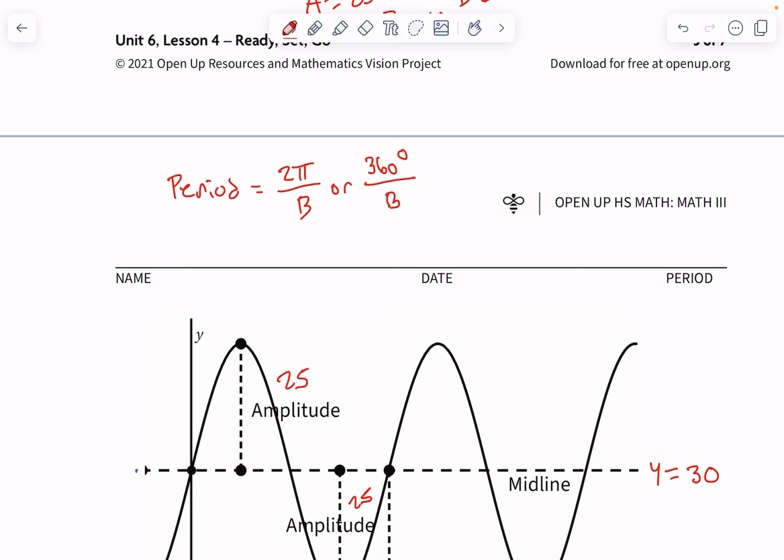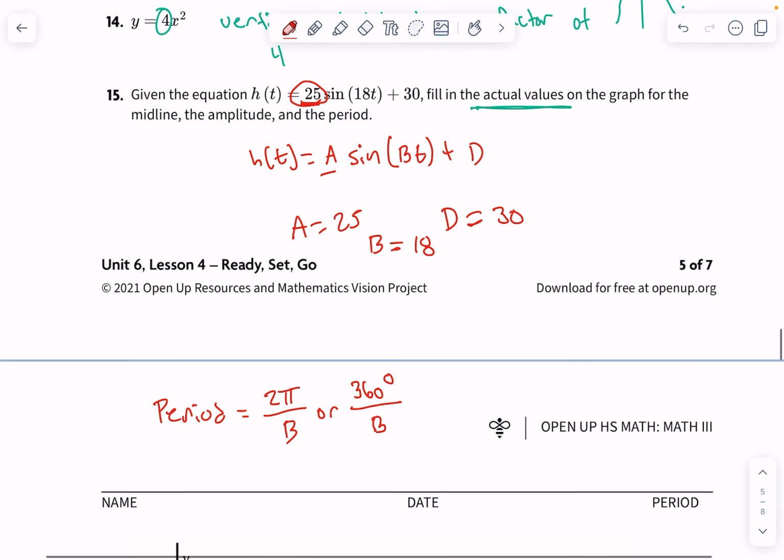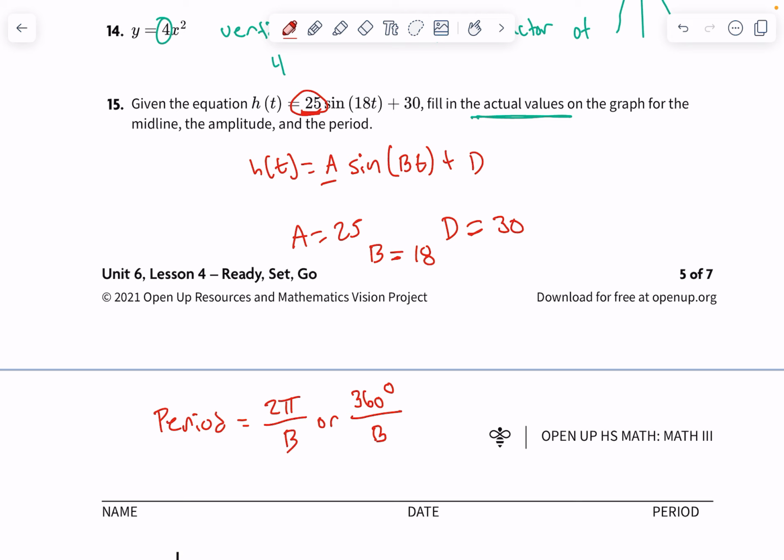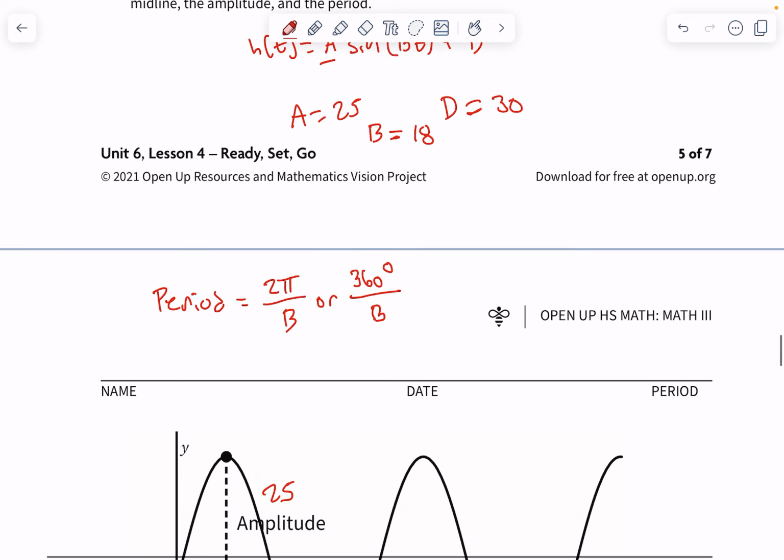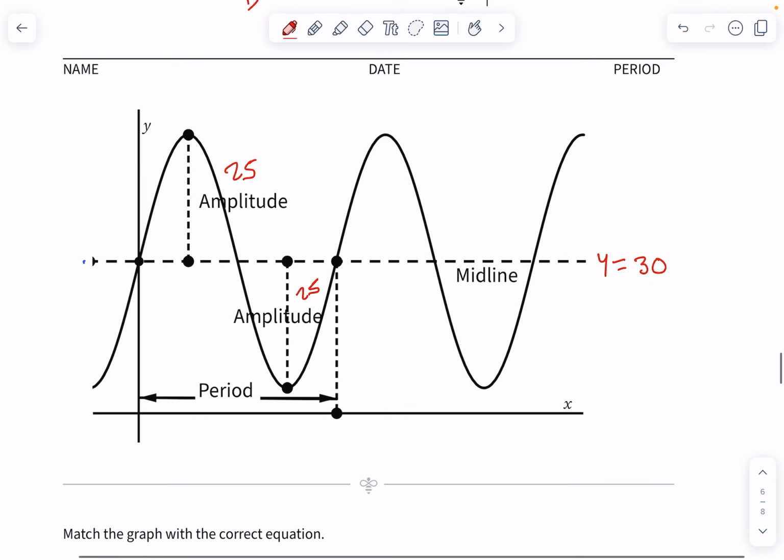So in this particular case, I'm going to go with 360 over 20. What was my B?